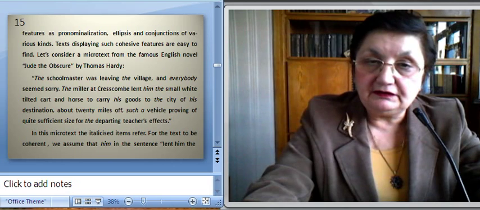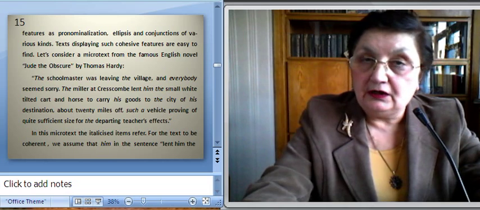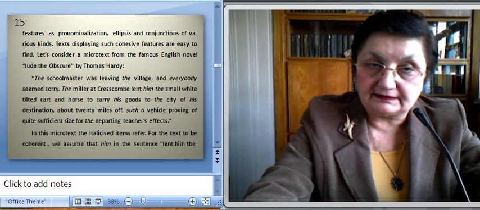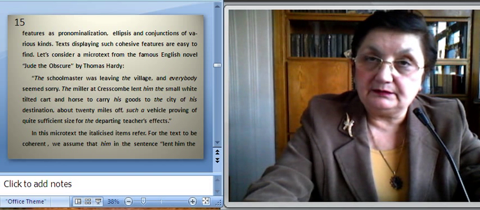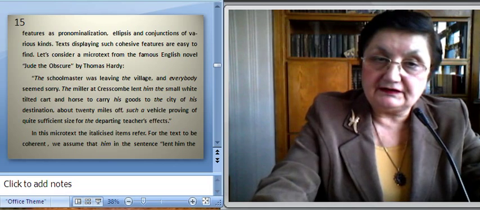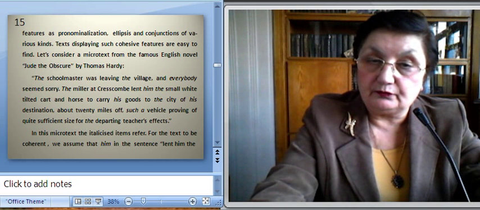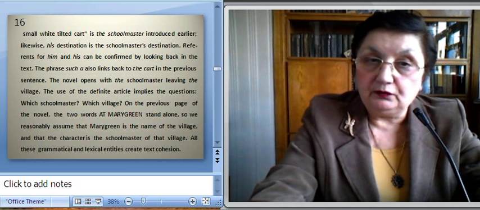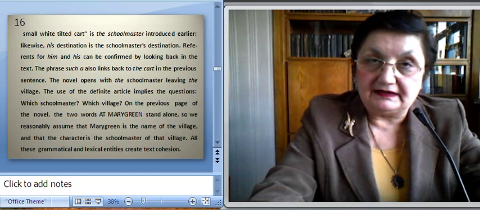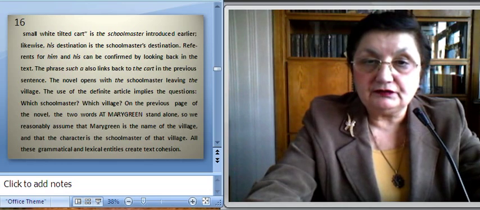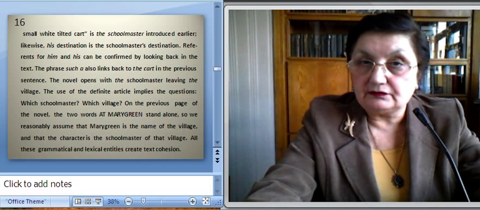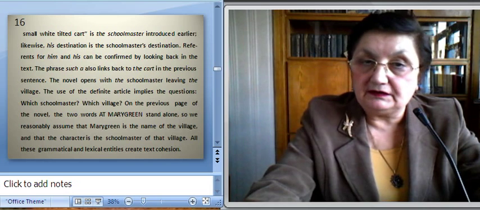In this microtext, the italicized items refer. For the text to be coherent and cohesive, we assume that "him" in the sentence "lent him the small white tilted cart" is the schoolmaster introduced earlier. Likewise, "his destination" is the schoolmaster's destination. Reference for "him" and "his" can be confirmed by looking back in the text. The phrase "such a" also links back to the cart in the previous sentence.